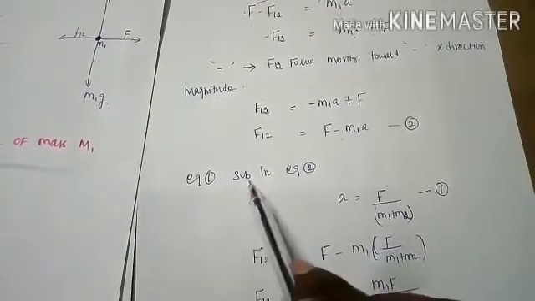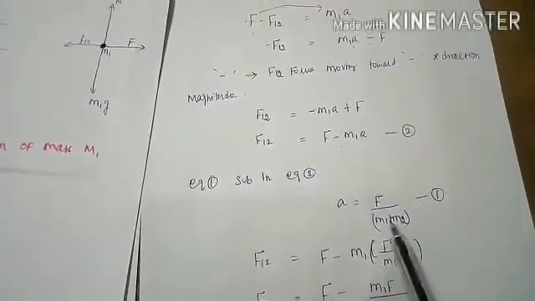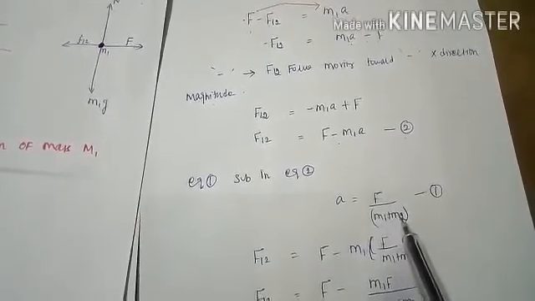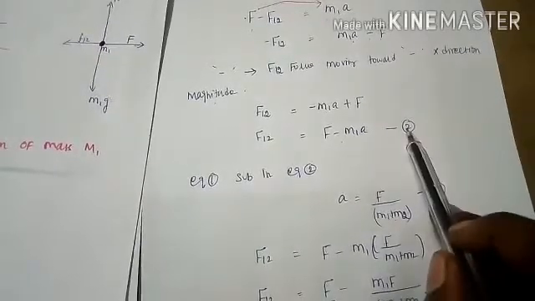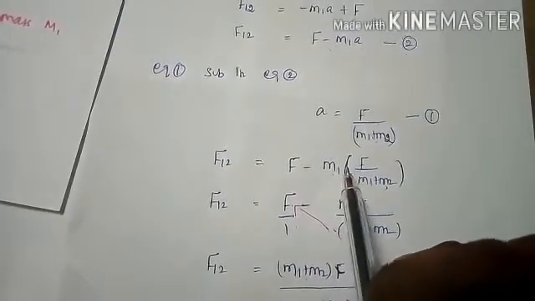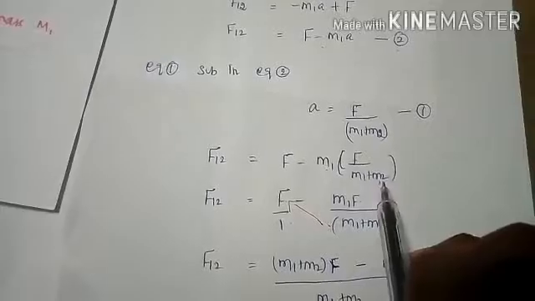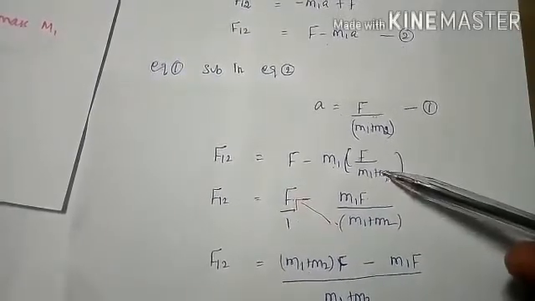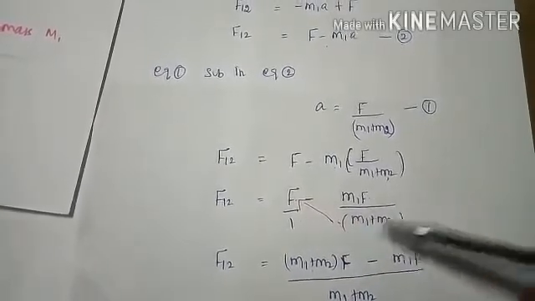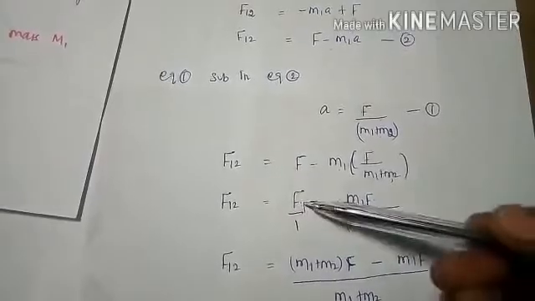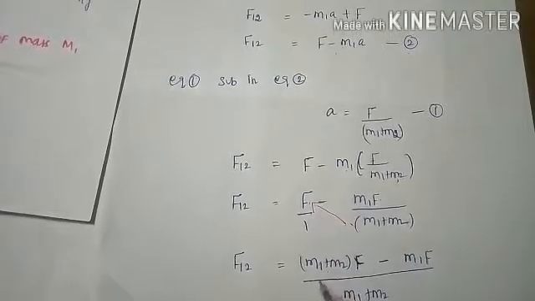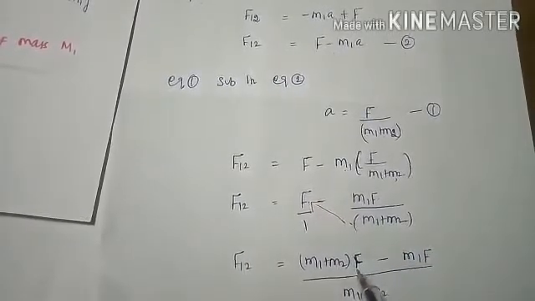Next, substitute equation 1 in equation 2. Equation 1 gave acceleration equal to F divided by m1 plus m2. So F12 equal to F minus m1 into F divided by m1 plus m2. Writing this as F over 1 minus m1 F divided by m1 plus m2, and doing the cross multiplication, we get m1 plus m2 into F minus m1 F, divided by m1 plus m2.